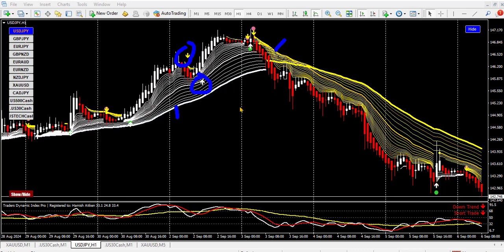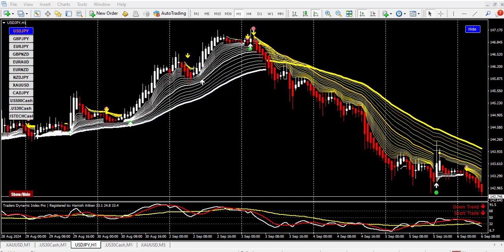The white is for buy, while yellow is for sell. Then I have TDI indicators here on my indicator window. And beside that, I have this PTL indicator here, this ball indicator. So this is how I use this winning forex tools.